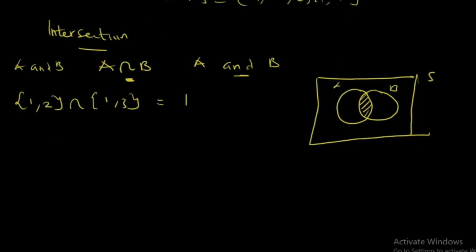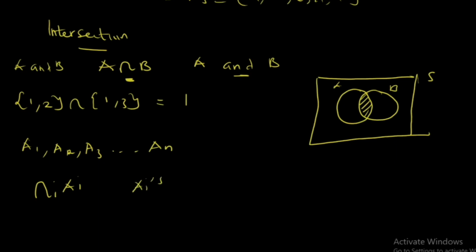More generally, for sets A1, A2, A3 to An, their intersection, the intersection of Ai, is defined as the set consisting of the elements that are in all the Ai's.